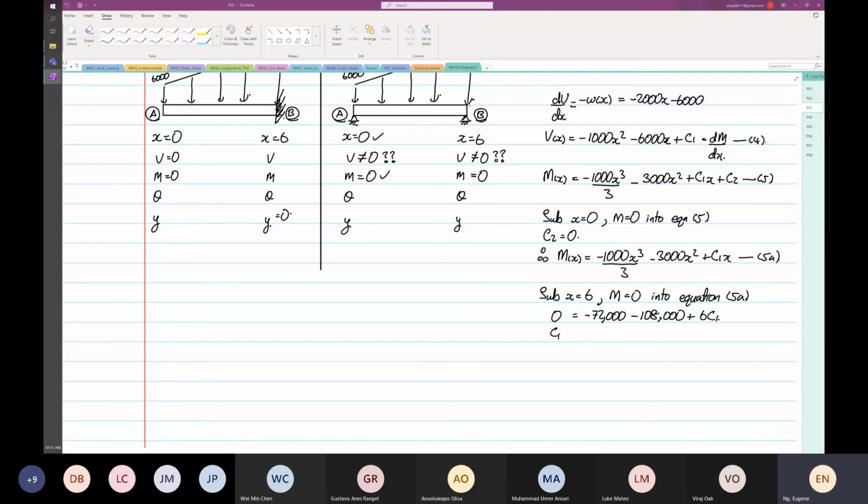So C1 is equal to 180,000 divided by 6, which is equal to 30,000.